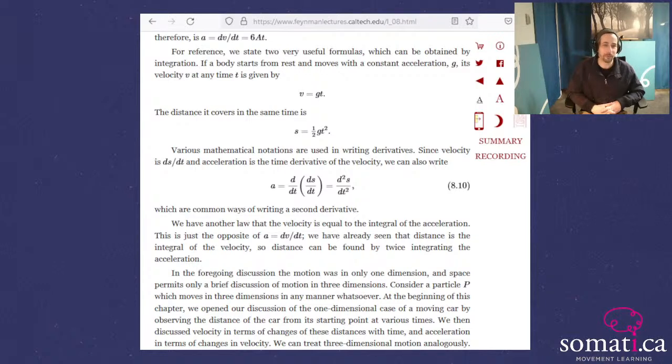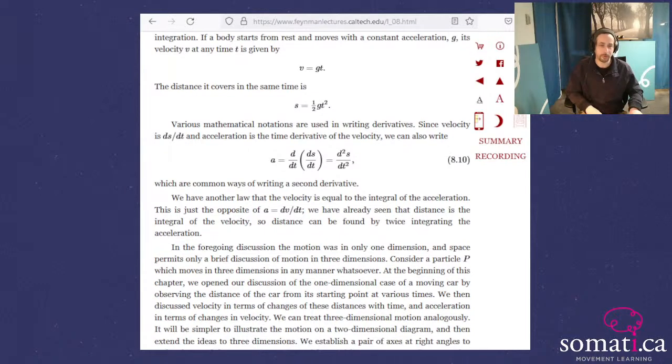The distance is the integral of that. This way of writing the second derivative.